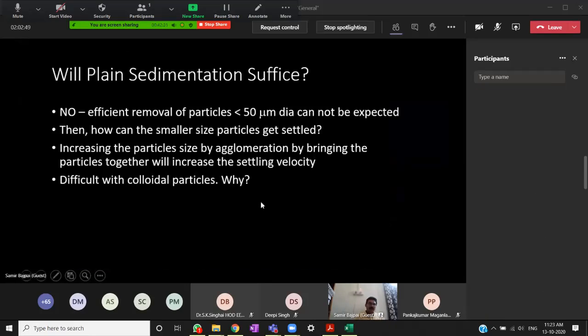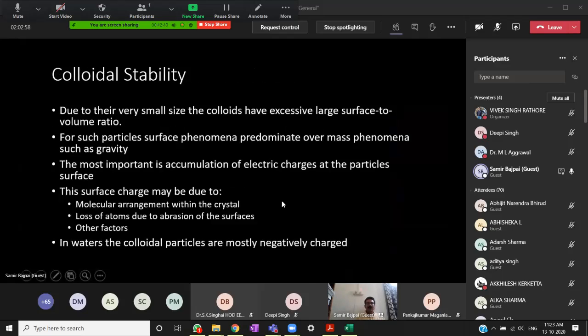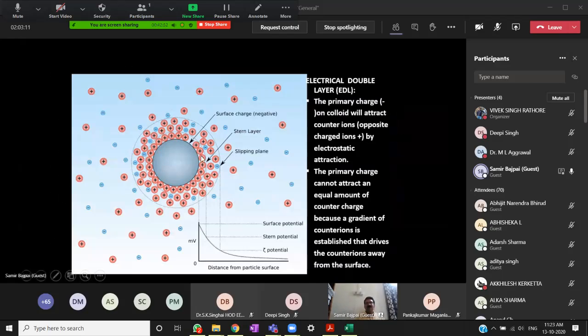And that is why plain sedimentation won't suffice, because particles won't be joining together because of surface charge, and you need to do something. So like I was telling you, most of these colloids will have surface charge, because they have a very large surface to volume ratio, surface to mass ratio. So because of this surface charge, they will develop a layer.